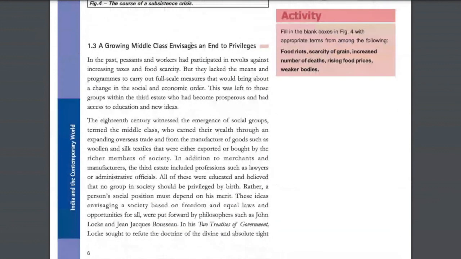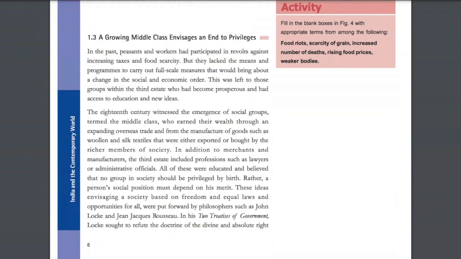So a growing middle class envisages an end to privileges. The middle class was growing. Can you explain this? In this, there were three people: John Locke, Rousseau, and Montesquieu. They wrote three books. One was Two Treatises of Government by John Locke.